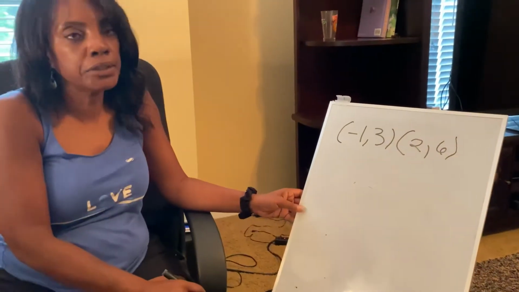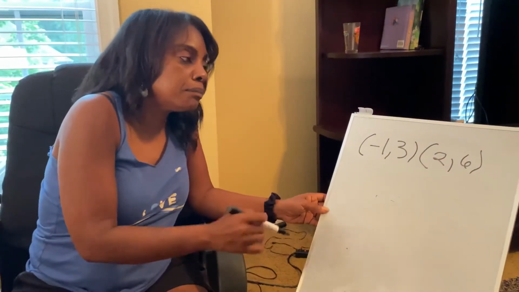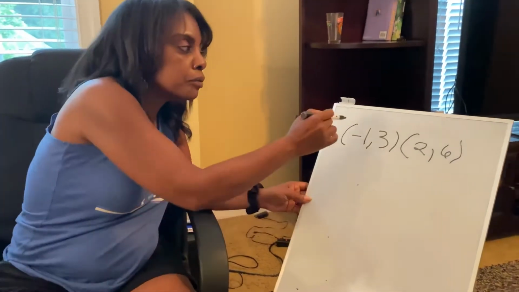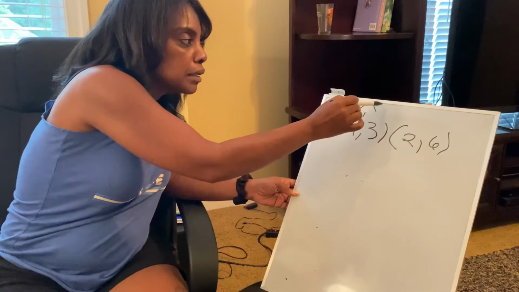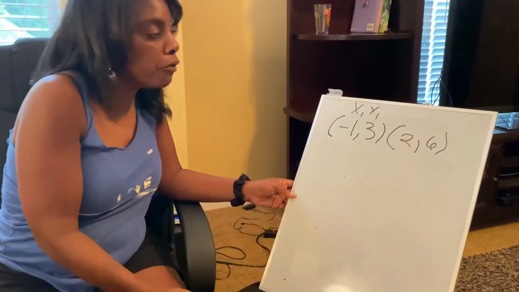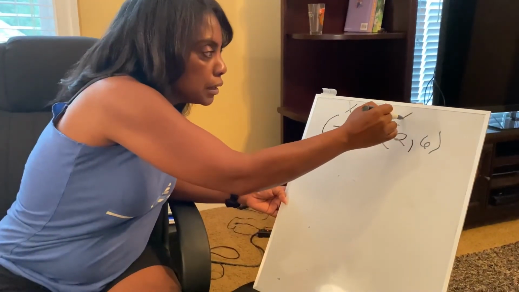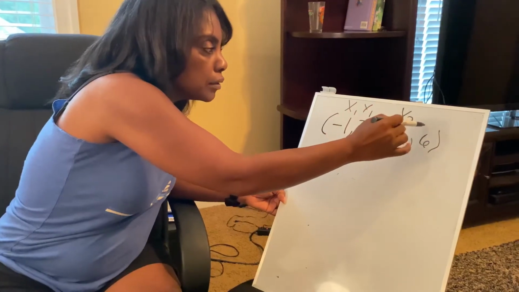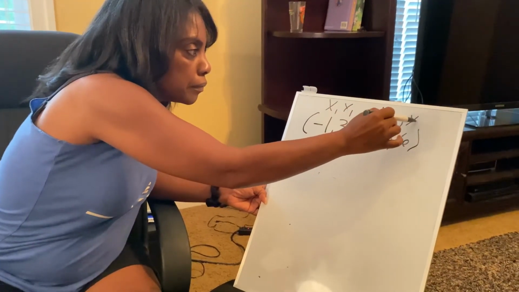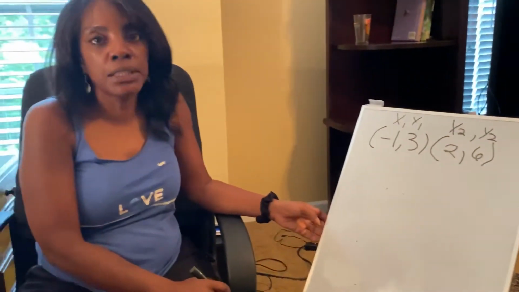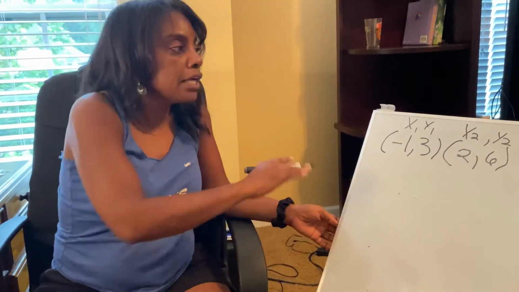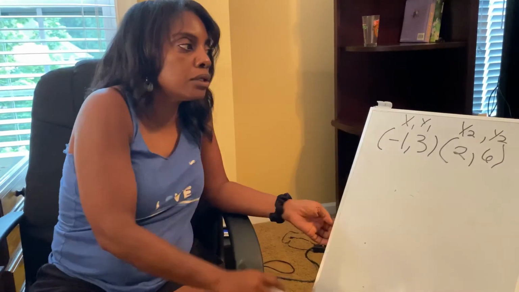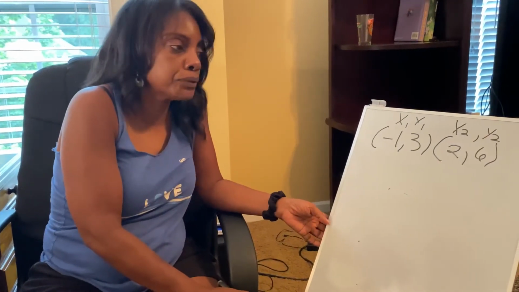Now, to make it easier to solve this problem, I like to put the x and y over the coordinates. Because we need to use a formula to solve this equation, and I find it easier if I have the x and y over the corresponding numbers.